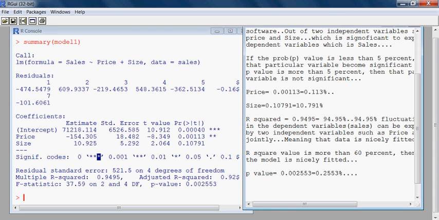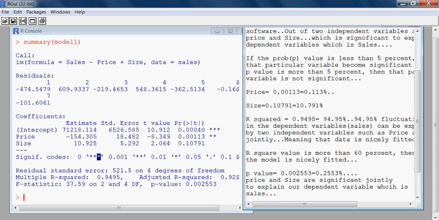Meaning that these two variables such as price and size, right? These two variables are significant jointly to explain our dependent variable, which is sales.